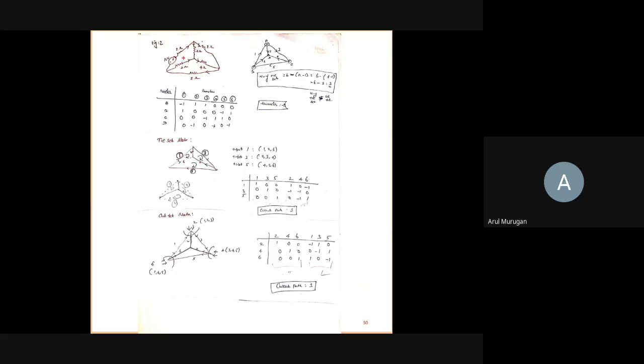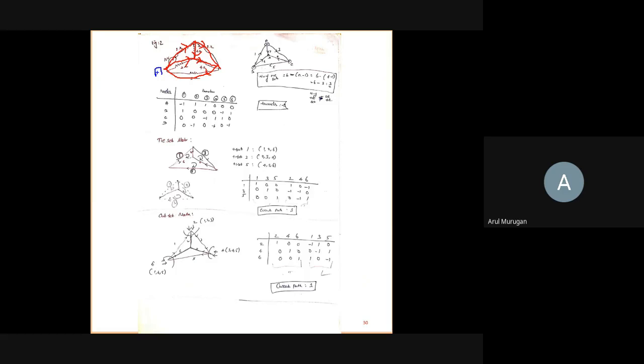First, they are given the circuit, convert it into the graph. How to convert? If an arrow is given, you can follow the arrow. Then are they given the node terminal names?